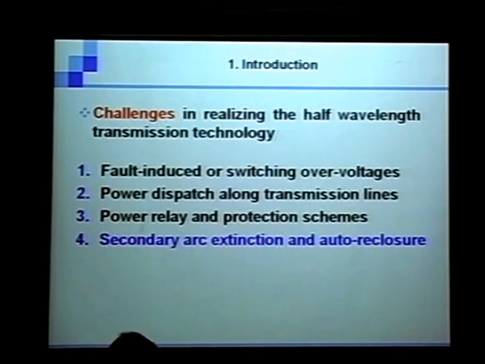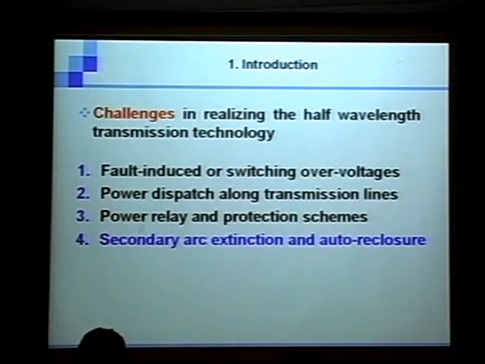That's what I focus on, because secondary arc extinction is very close to the auto-reclosing strategy, because a half wavelength transmission line is automatically compensated by itself.